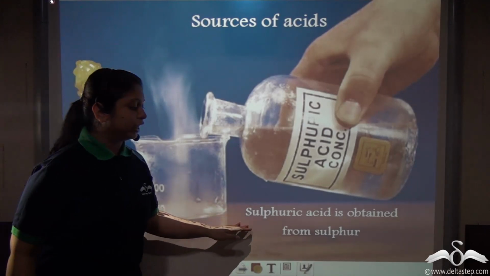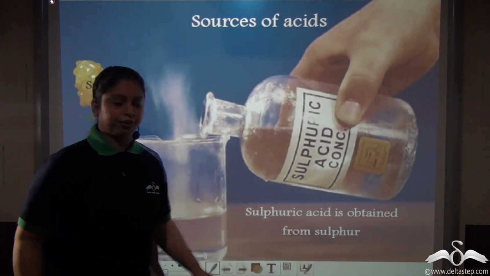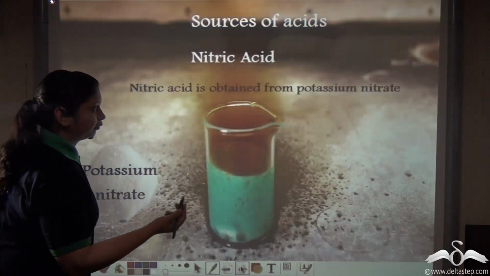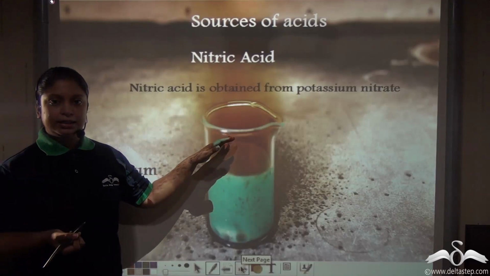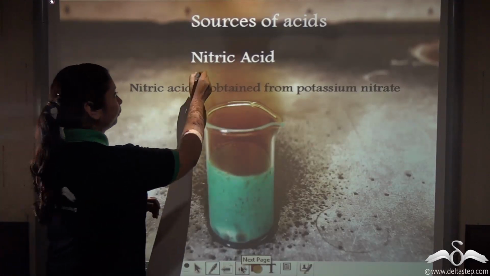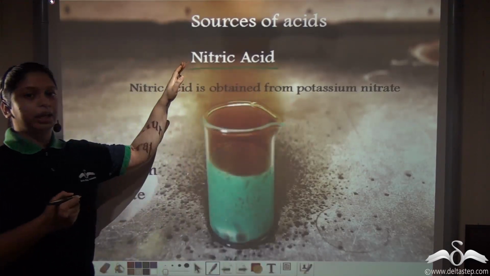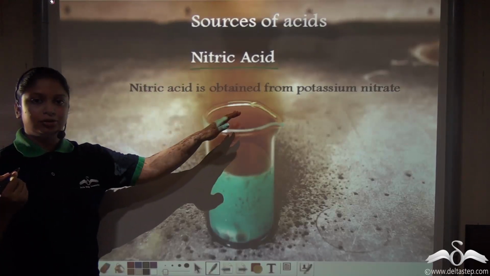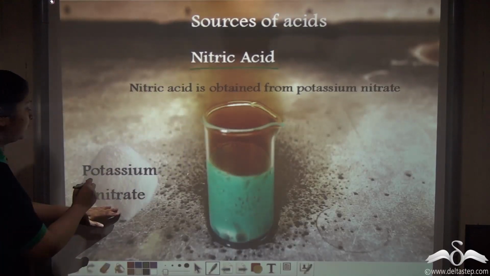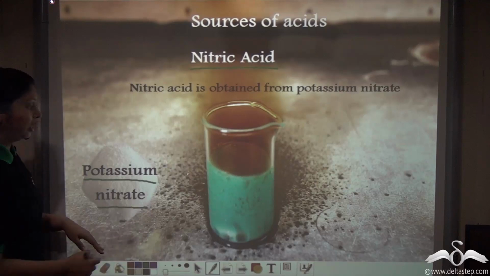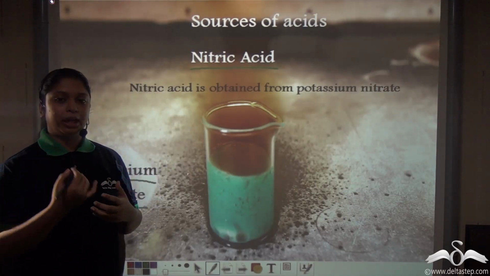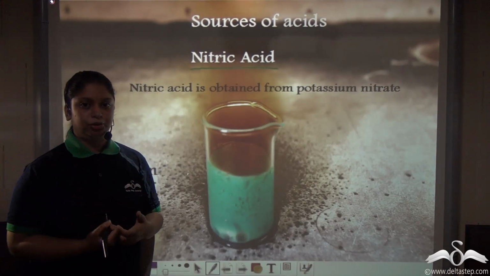So, sulfuric acid is obtained from sulfur. Another very common acid is known as nitric acid. This nitric acid is also prepared from a mineral or a salt which is known as potassium nitrate. So, you can obtain nitric acid from potassium nitrate.